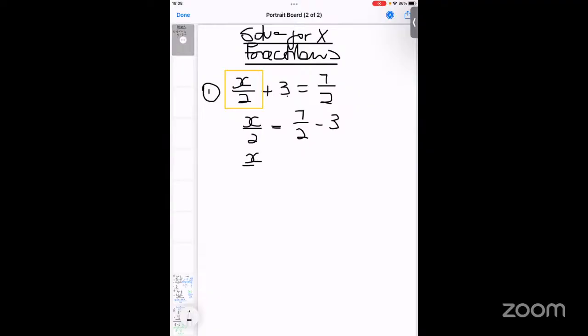Then it means we have x over 2 equals, when you punch that on a calculator, what do you get? 7 over 2 minus 3. It gives you a half, 1 over 2. Okay, so now that you have a fraction on the left and a fraction on the right, what you do is cross multiply.